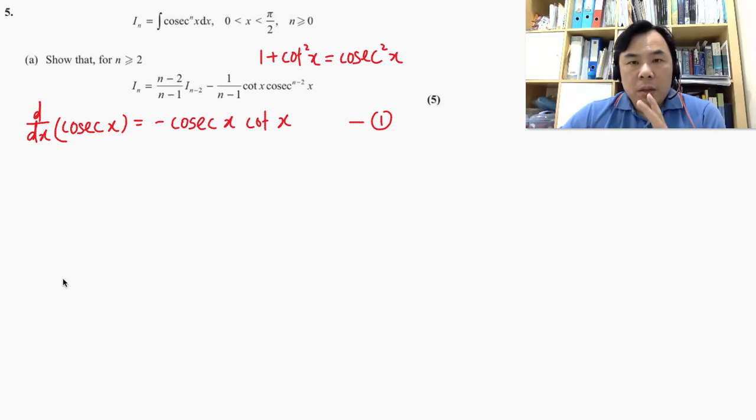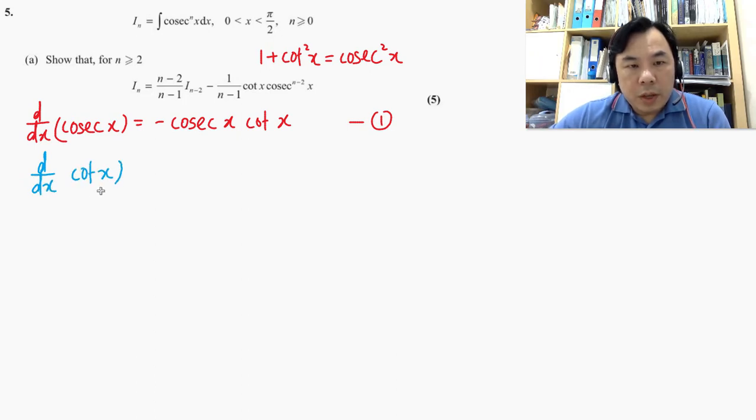Now the second result that we need is here. We know that the differentiation of cotangent x gives us negative cosecant square x.